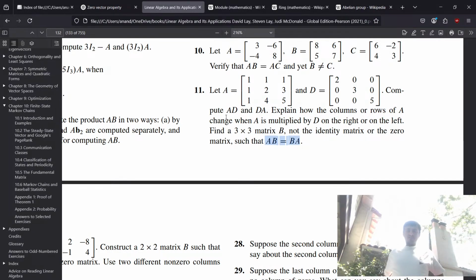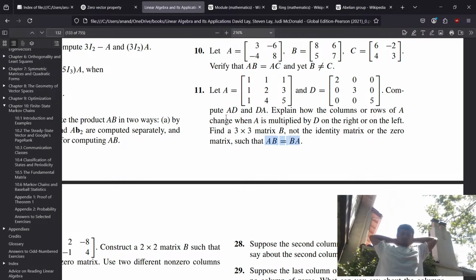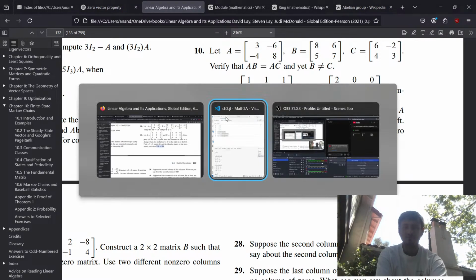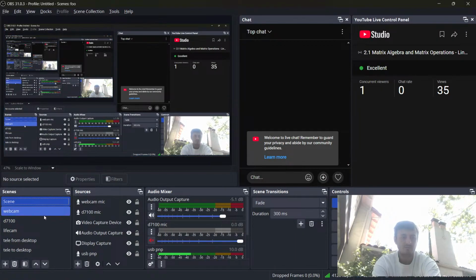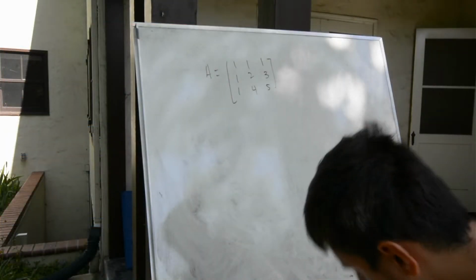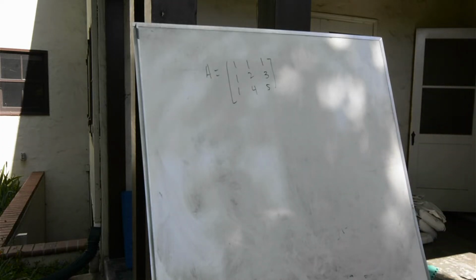I don't know how they expect us to find the inverse, though. I think maybe we should try it with a 2 by 2. The 3 by 3 is too much. 3 by 3 is going to be too hard.